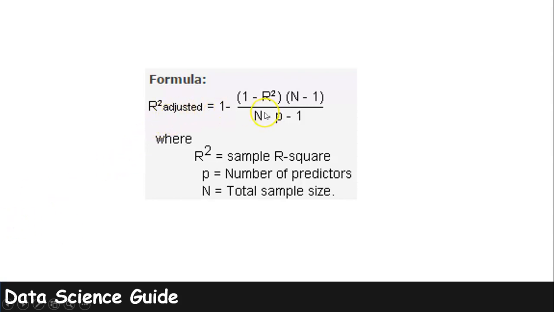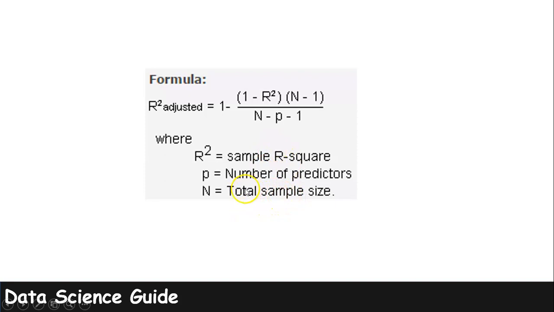And this is the formula: 1 minus (1 minus R squared) times (n minus 1) divided by (n minus p minus 1). R squared is the sample R squared, which is the first value that we found in the previous slide. And p is the number of predictors. Predictors means the independent variables. And n is the total sample size.